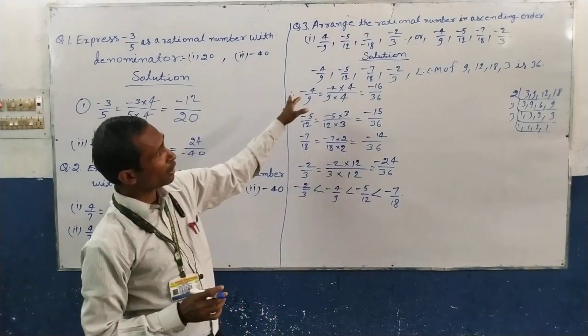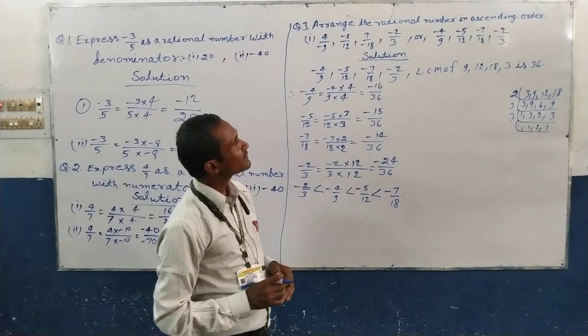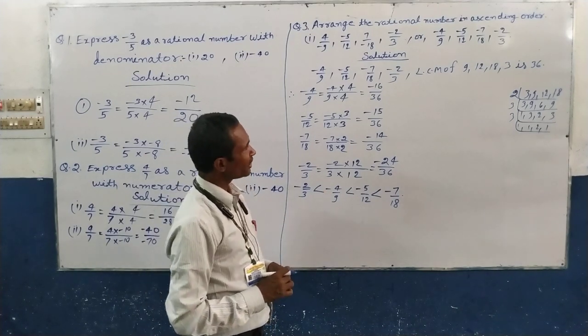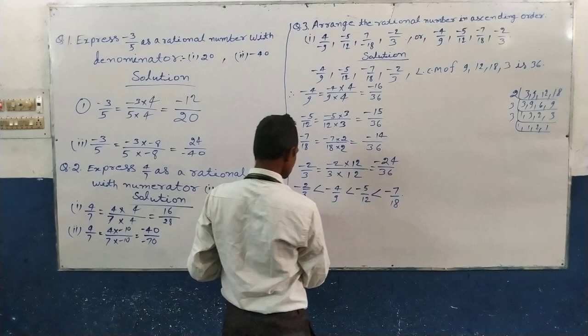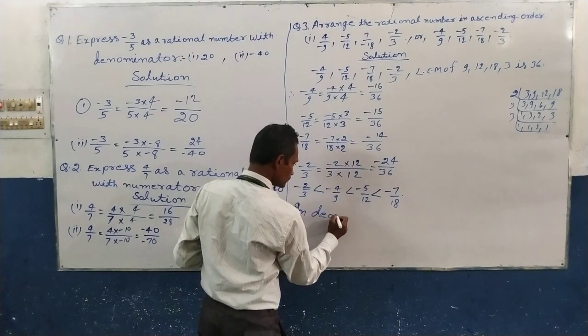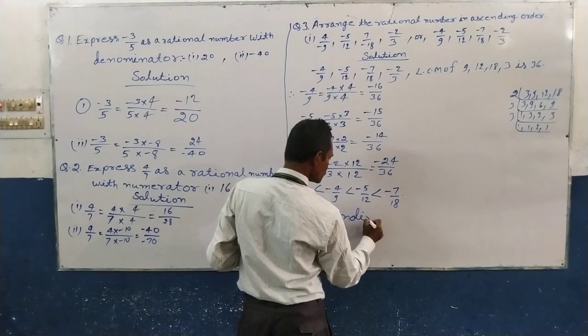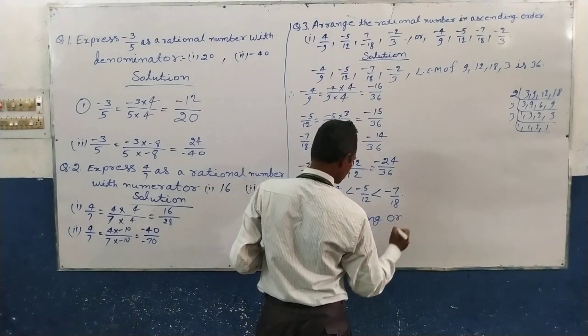It is in the form of ascending order. Also, it can be written in descending order, just like a chain. Descending order.